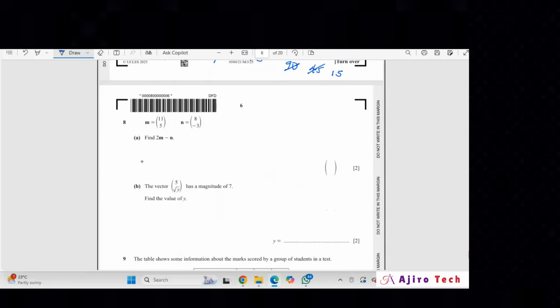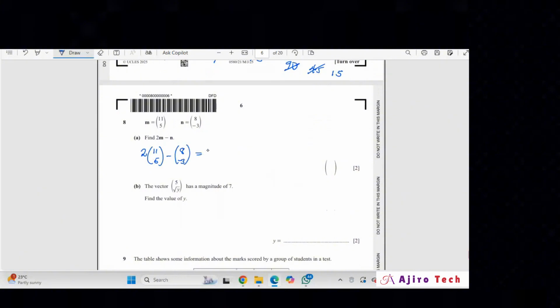Now, the next question here is this. We are asked, this is a vector. M is (11, 5), N is (8, minus 3). So we are asked to do 2M minus N. So we are going to have 2 times M, which is (11, 5), minus N, (8, minus 3).